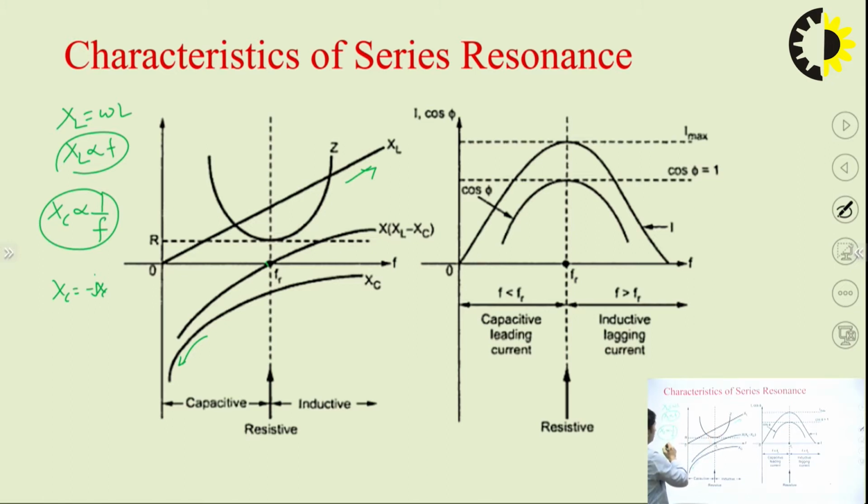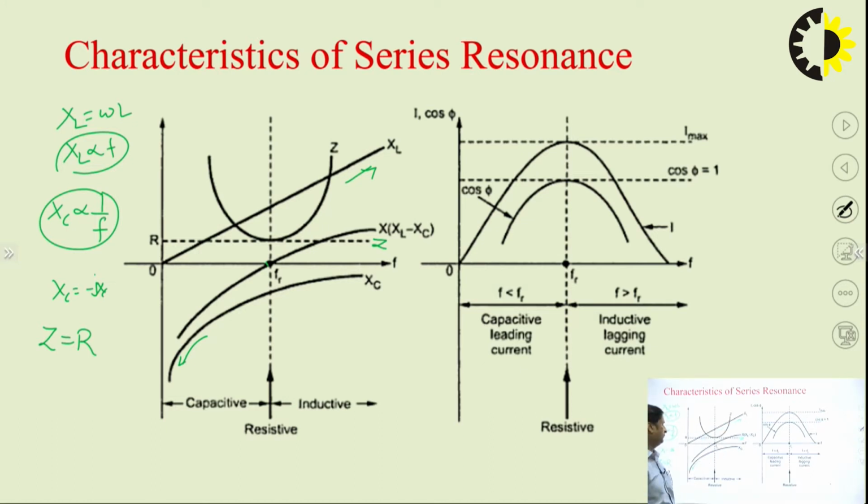At this particular frequency, XL is equal to XC. Both will be equal and opposite. Now we can see that the impedance at resonance is equal to R, so Z is almost constant at this frequency. This is our Z, the impedance.